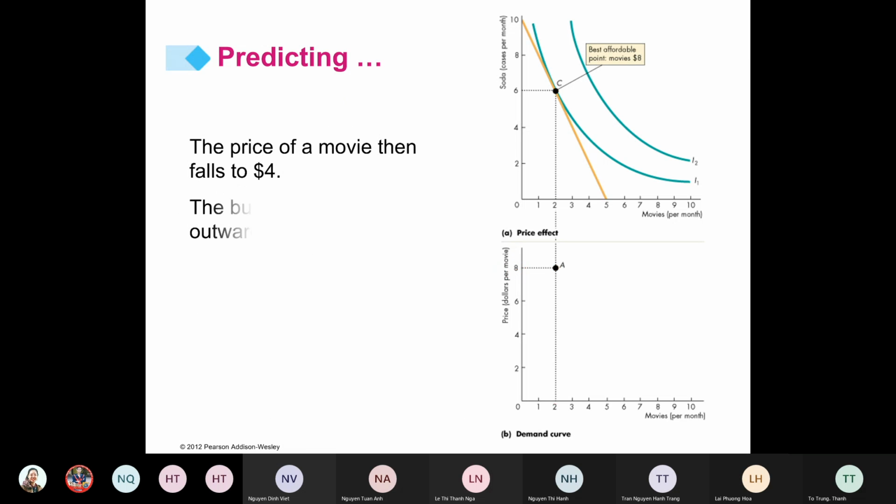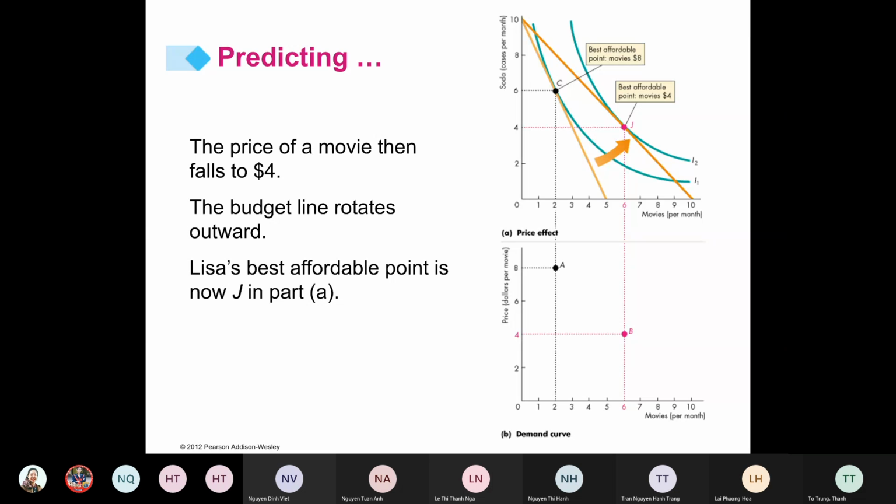Now, in the first figure, what happens is that when the price of a movie declines, but the price of soda stays the same and income stays the same, as you studied last week, the budget line rotates. You can see that the budget line is now a new one, from this line to this line, and that also means Lisa has a larger affordable area, because the price of one good declines.